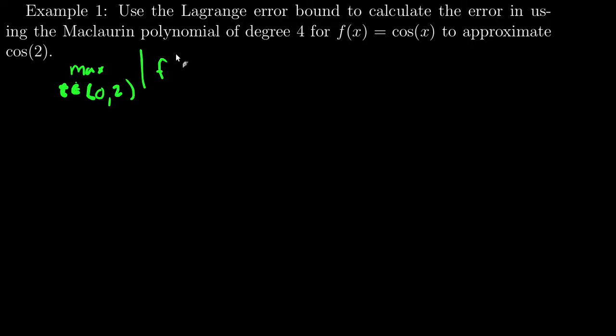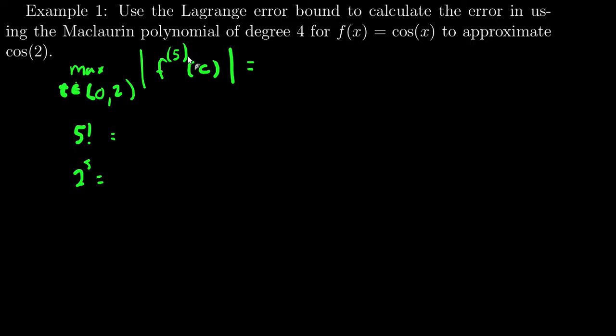If this is degree 4, then I have the fifth derivative of x, but evaluated at c. I need to have n plus 1 factorial, which is going to be 5 factorial, and I need to have x to the fifth. That's going to be 2 to the fifth. Those are the three things I need.